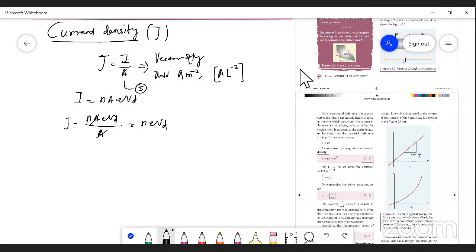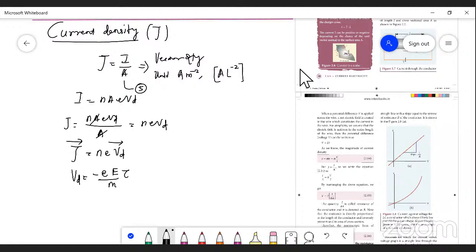As current density is a vector quantity, I can write J vector is equal to n e vd vector. In the previous section, we discussed the expression for drift velocity as vd equals minus of e E divided by m into tau.